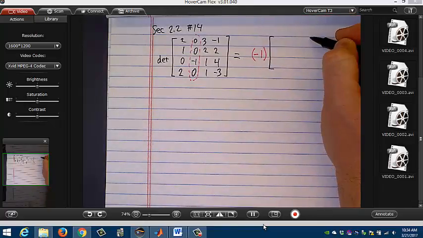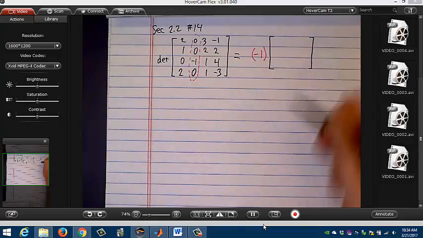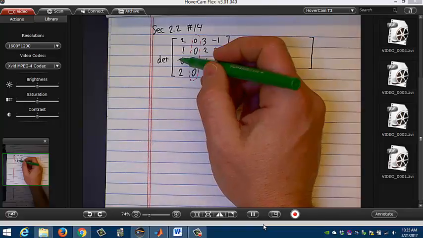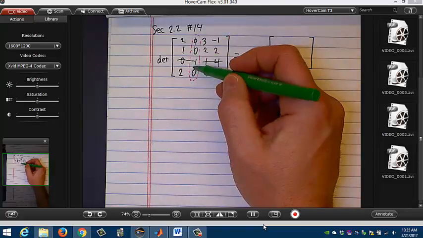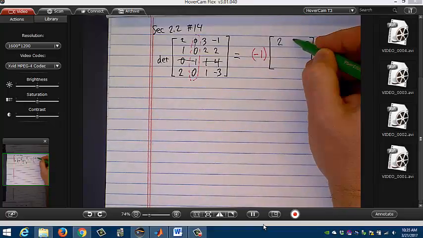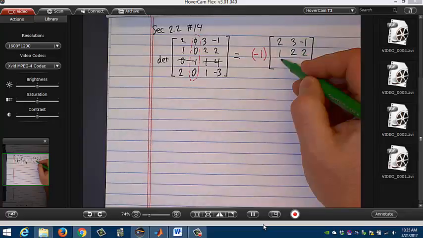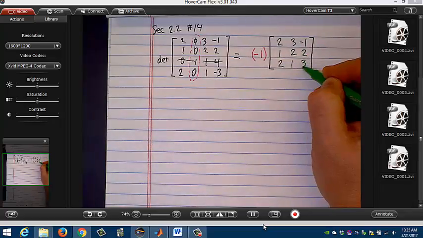Do you guys know what 3 by 3 matrix is going to be? Some stuff here. 2, 3, -1, yep. 1, 2, 2, and then 2, 1, 3. Okay.